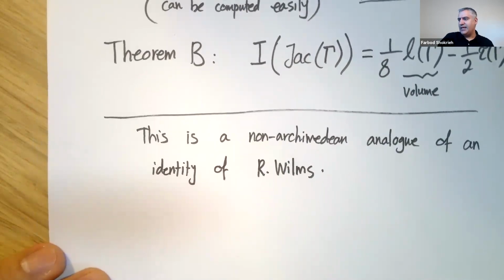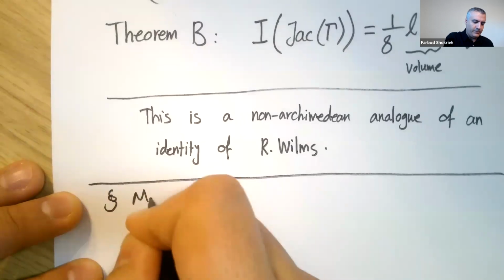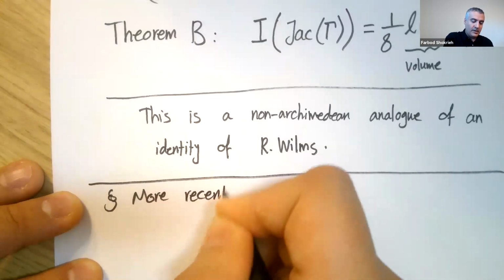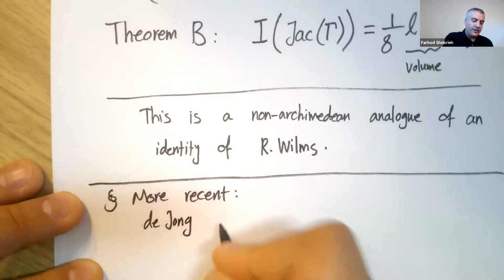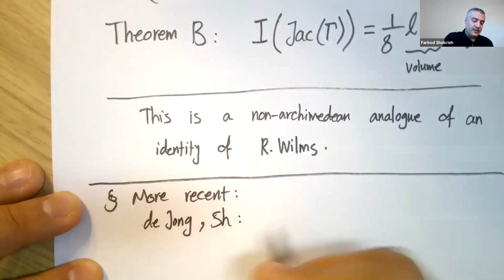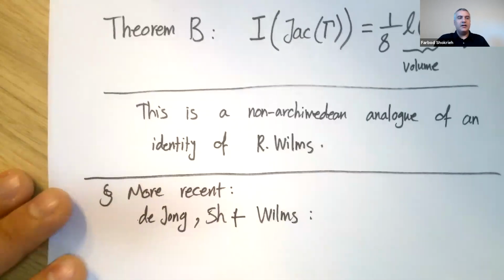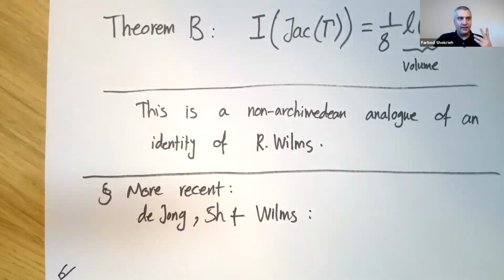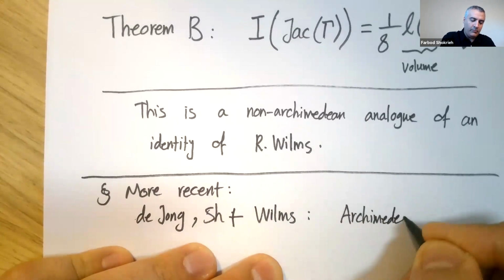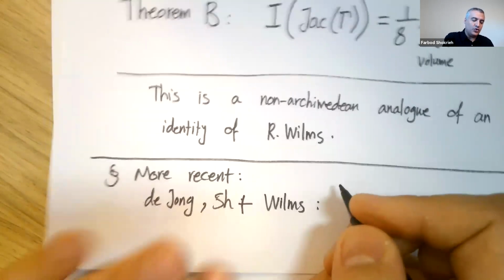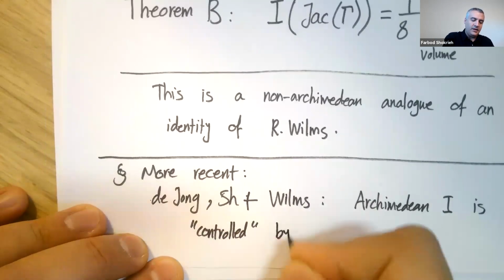And let me end by saying that more recently in 2021, my co-author Robin and I, as well as Wilms independently, had the following result: Archimedean I is controlled by a non-Archimedean I.